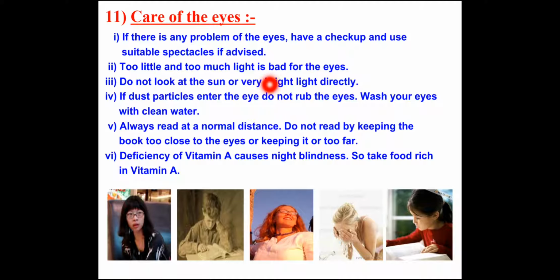Bright light from mobiles and computers can cause harm, making our eyes very red and causing irritation. Do not look at the sun or very bright light directly. Use sunglasses for that.